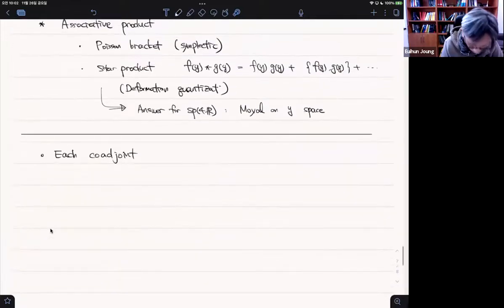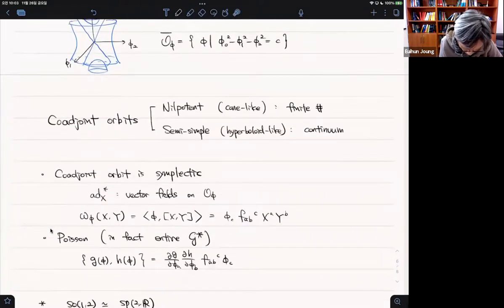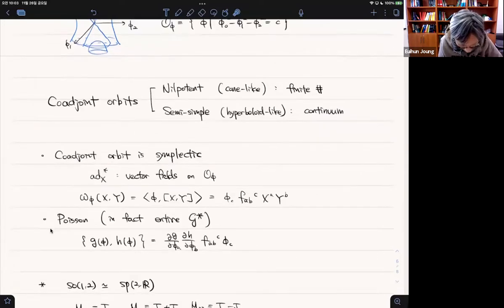So each Coadjoint orbit is a symplectic space. This is something that we already talked about yesterday. Coadjoint orbit is symplectic because the vector fields, a basis of any vectors in Coadjoint space, can be generated by the Lie algebra actions on the Coadjoint space.